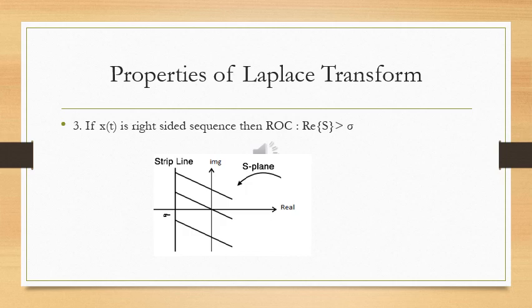Now for this example, if you got this F of s for a right-sided signal, then you first draw a straight line through the pole equal to 1 according to the first property, and then you draw a shaded region towards the right side from this straight line. In this case, the ROC will be real part of s greater than 1.